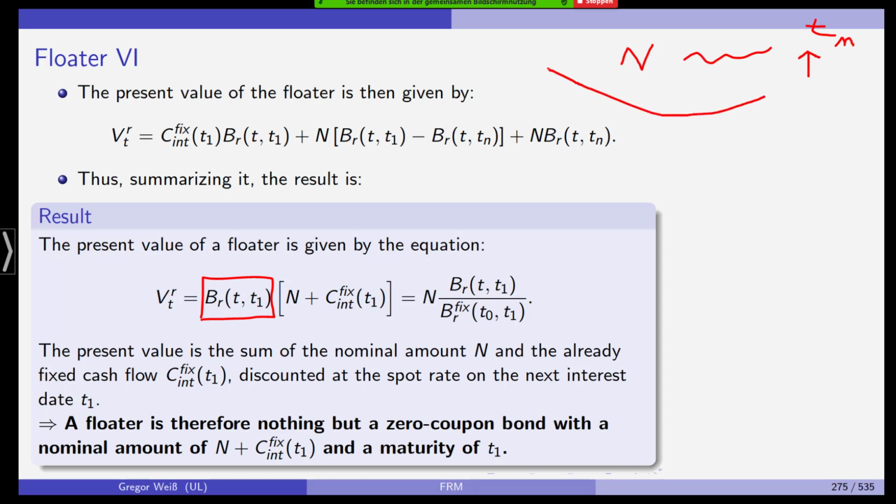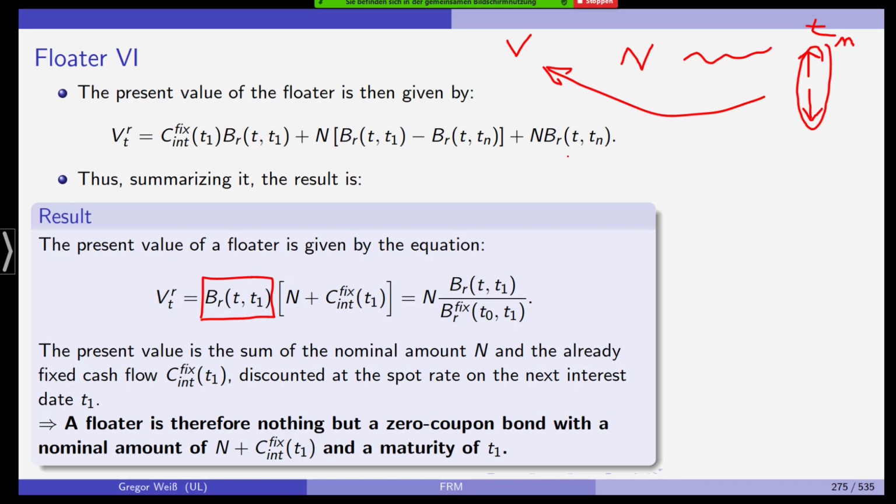To calculate the price, the value, we also have to discount this using then a higher reference interest rate. So all these effects will cancel each other out. When you have a variable interest rate, you get higher payments, but you have higher discounting. If you have a lower reference rate, you get lower payments and you have less discounting.